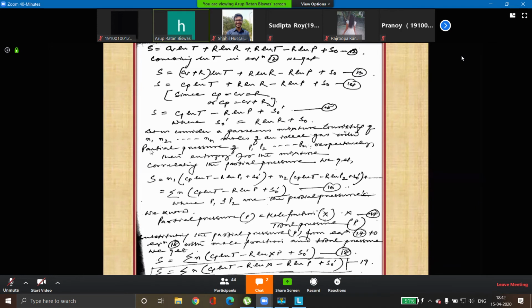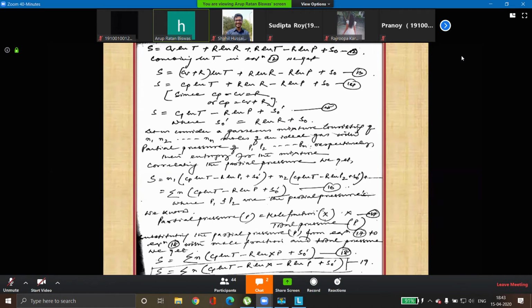Now, in this case, we are considering a gaseous mixture which consists of a number of moles of ideal gas. It may be N1, N2, up to Nn moles of ideal gas, each having a partial pressure of P1, P2, and so on to Pn, respectively.